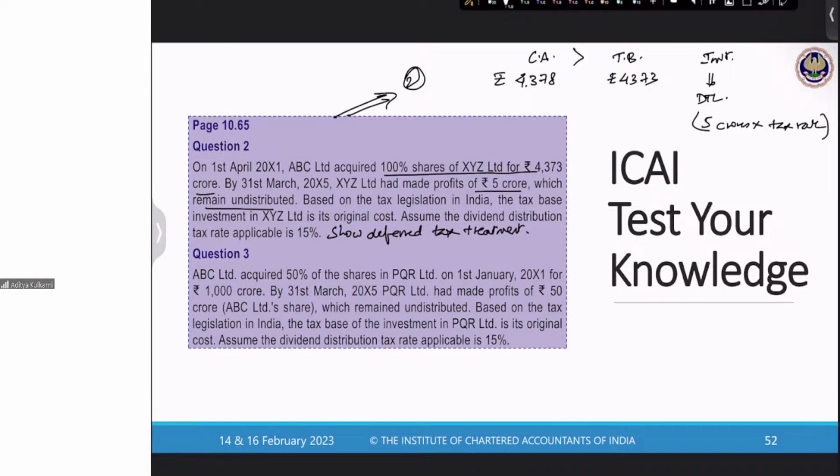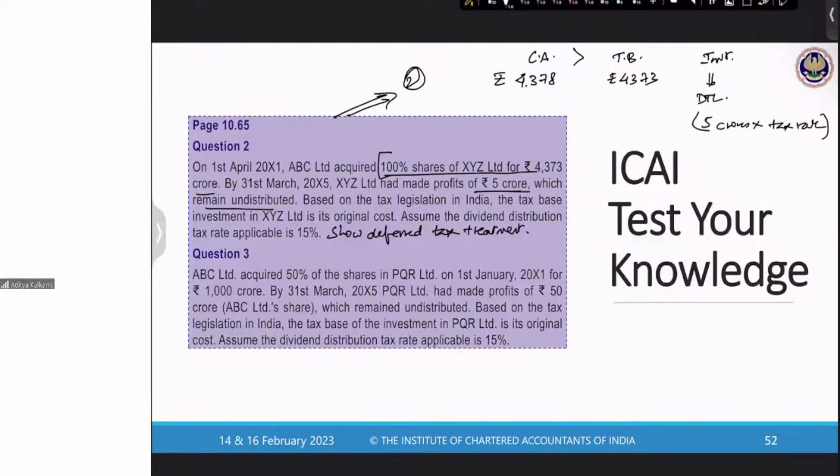But wait a minute, you will have to check whether you are a parent having control or an investor having no control. So now here I am the parent. How do I know? 100% stake. That means you are having control. That means, can I control the distributability of this 5 crores? Answer is yes, you can.